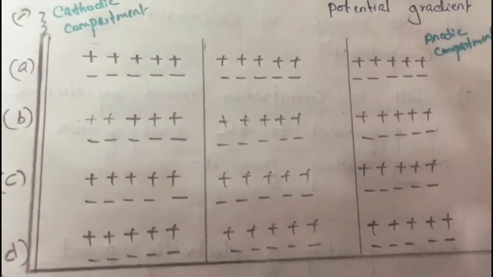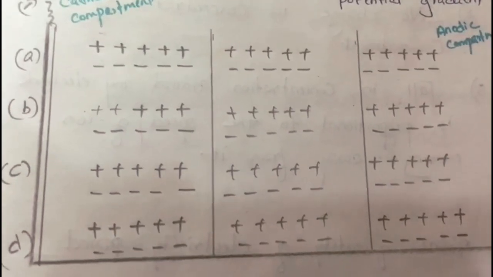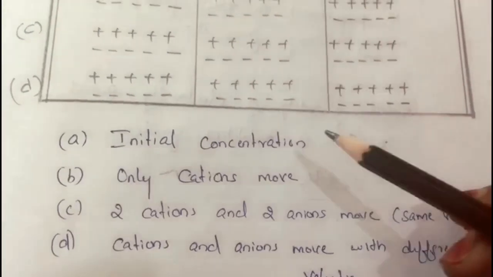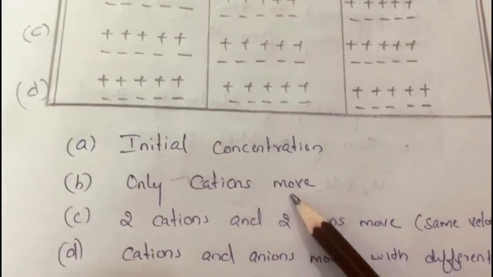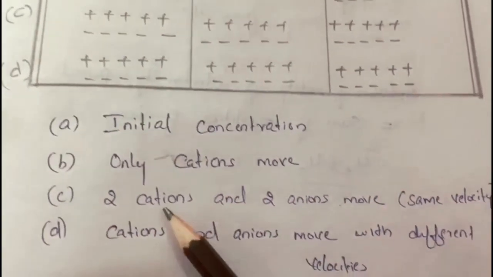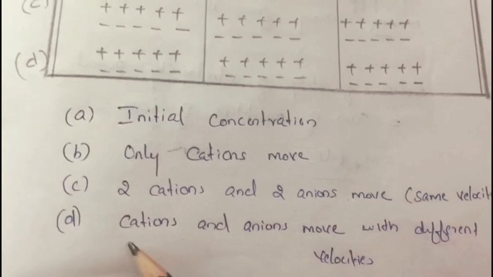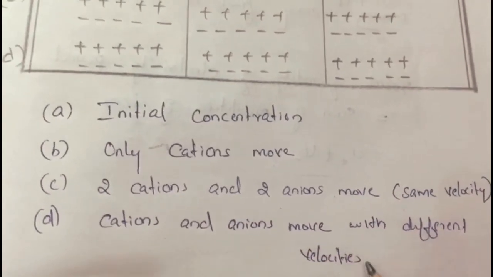So during passing of electricity, the cations will move towards the cathode and anions will move towards the anode. Now these are the conditions. Second condition is only cations move. Third condition is cations and anions move with the same velocity. And the fourth condition is cations and anions move with different velocities.